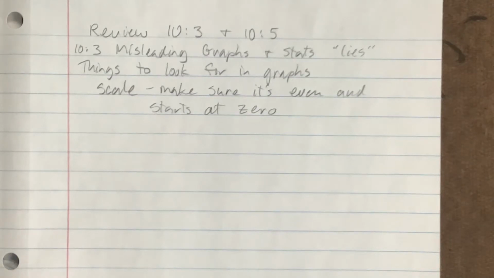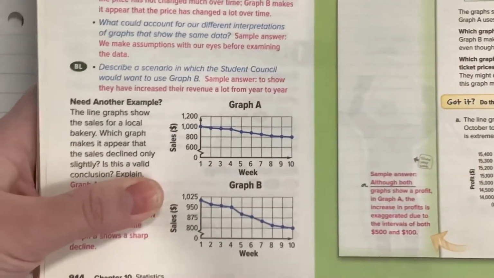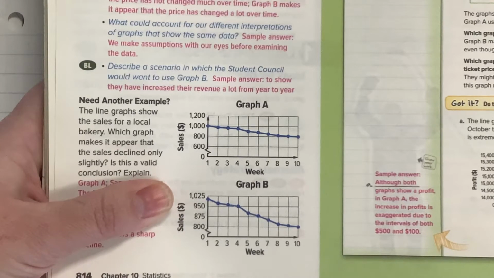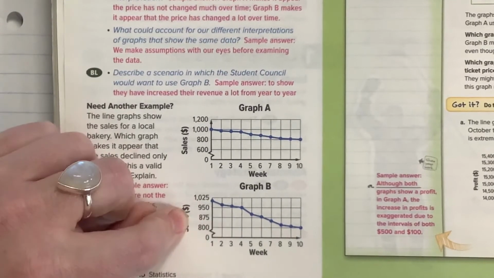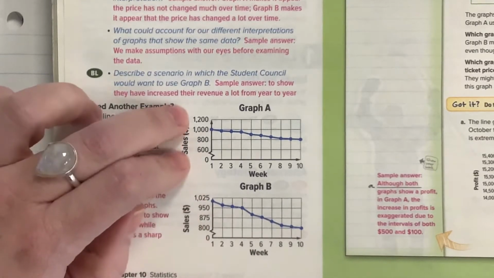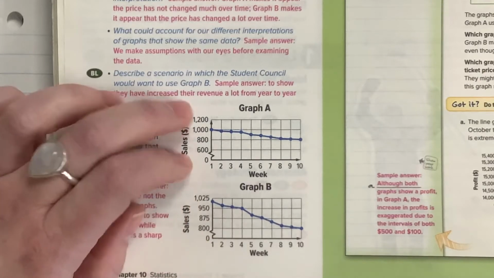So for example, I'll show you this little one over here. Do you see how there's these two different graphs? Neither one of them actually starts at 0, but one has a very zoomed in scale. It's a much smaller scale than this one, and so this one makes it look like it's a way bigger difference than in this one.